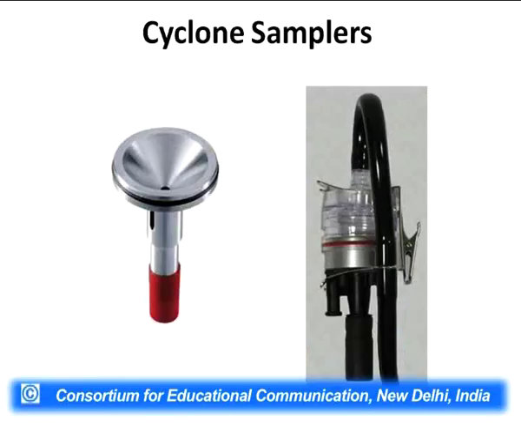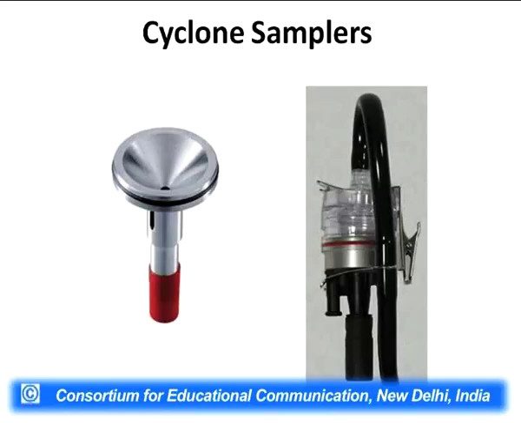Now, here is a picture of some of the bioaerosol samplers, and these are usually low volume samplers. They are not for heavy use and they are best suited for personal exposure.